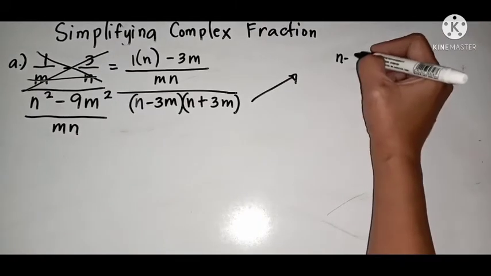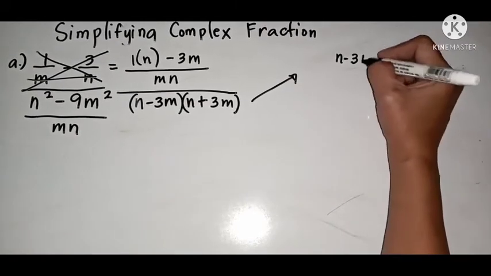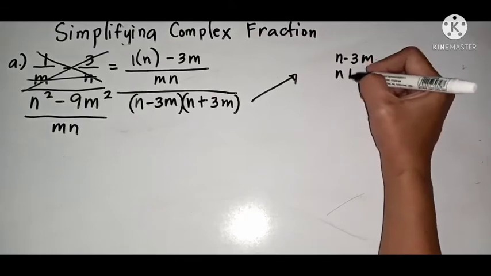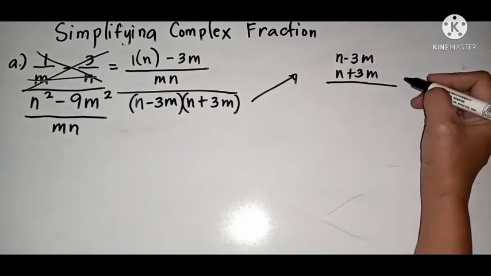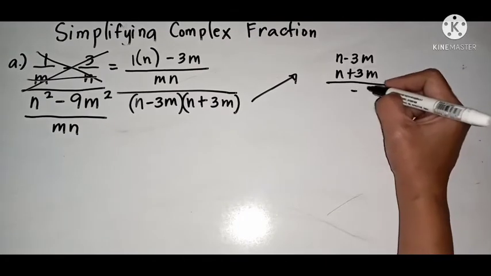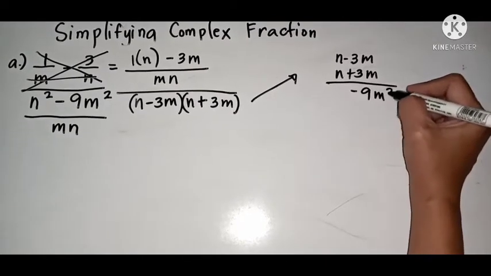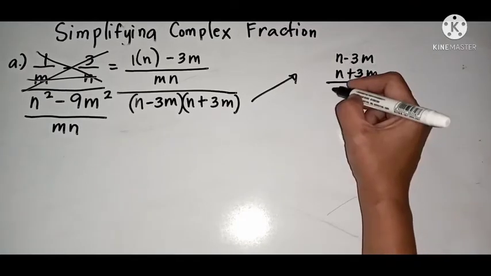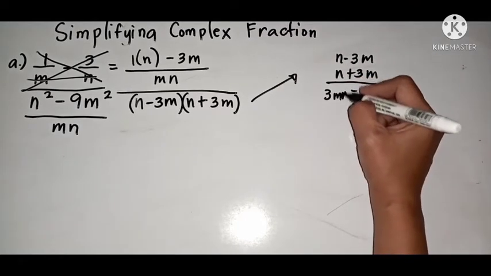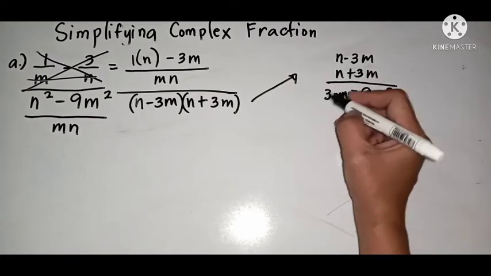Let's check if these factors are correct by multiplying both. It's easy to get the root of this binomial because both variables are squared.